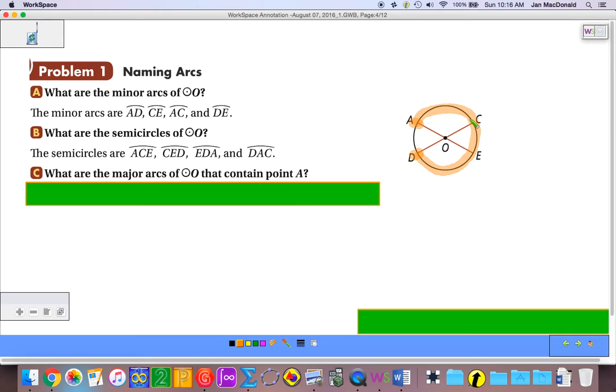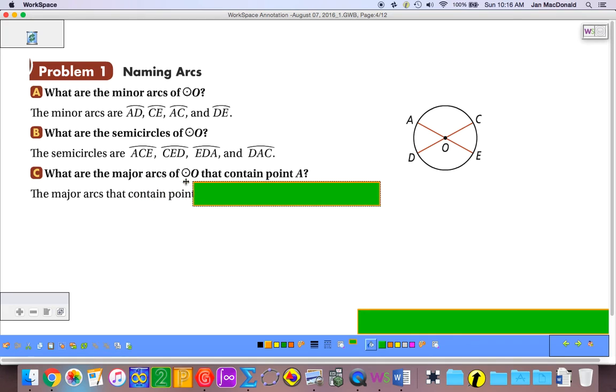So let's name some major arcs in my diagram. They want our major arcs to contain point A. So point A has to be somewhere on our arc. So they said ACD, and that's the first one I showed you.